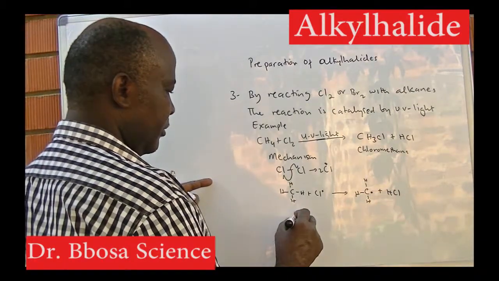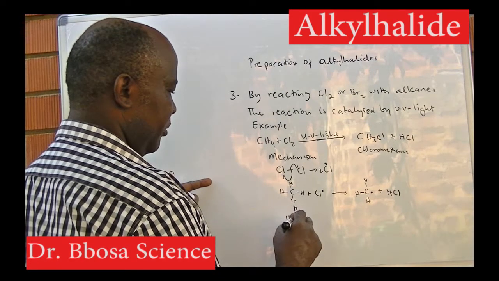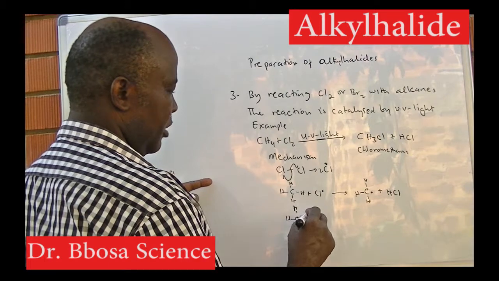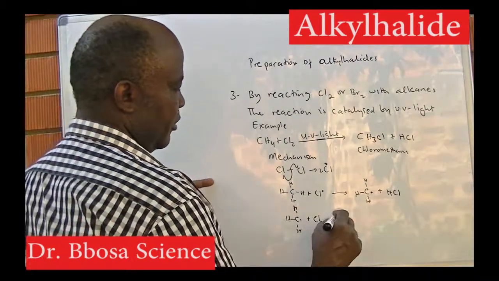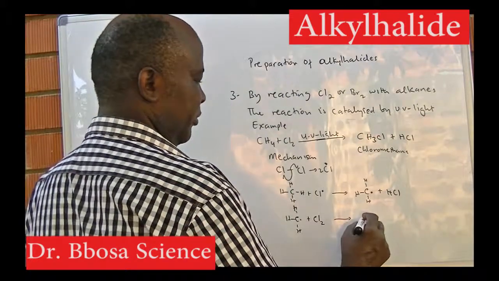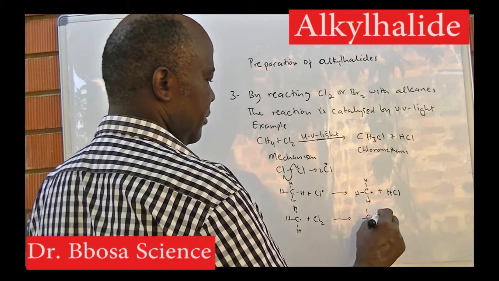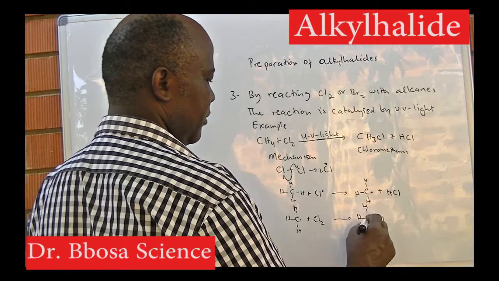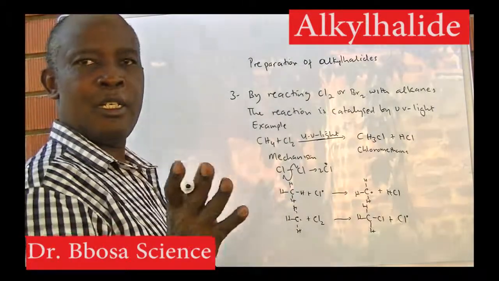Then a methyl radical will react with another chlorine molecule to form chloromethane plus a chlorine free radical.